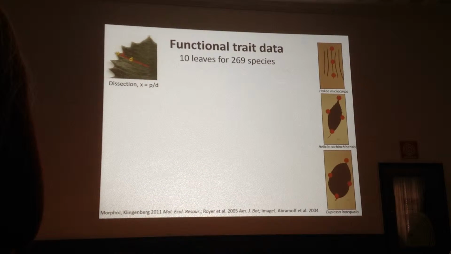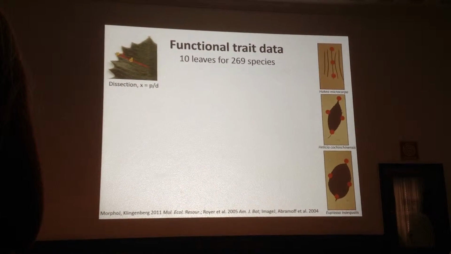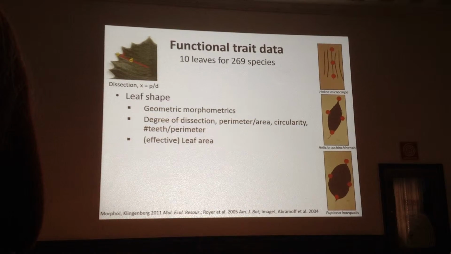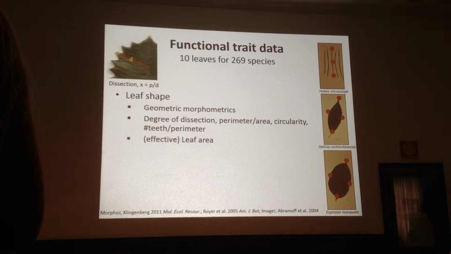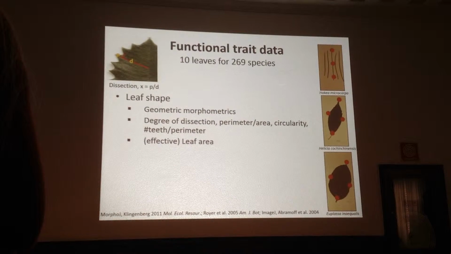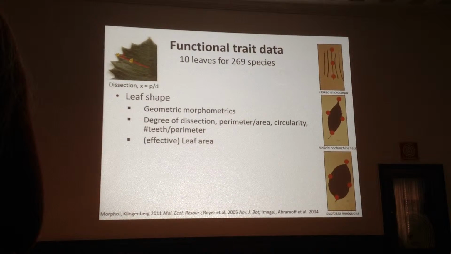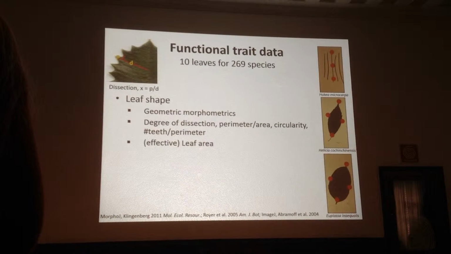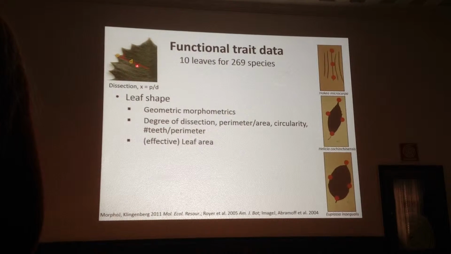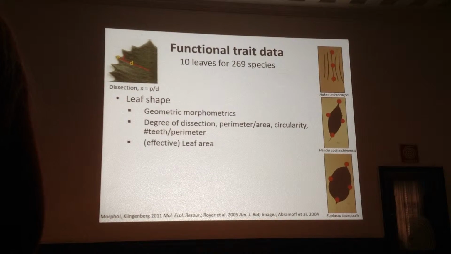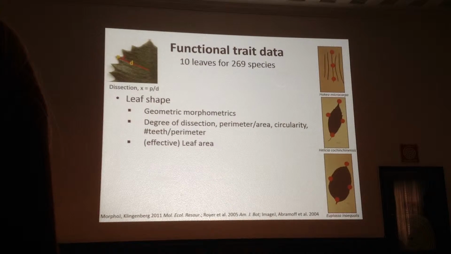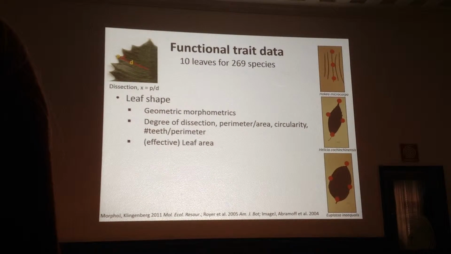So I collected functional leaf trait data for 269 species based on 10 leaves. I looked at leaf shape using geometric morphometrics with 4 landmarks, which mainly determine the length-width ratio of the leaf. I looked at degree of dissection, which is this value P divided by D. Different measures of complexity of the leaf, so the perimeter divided by the area, and the number of teeth divided by the perimeter.